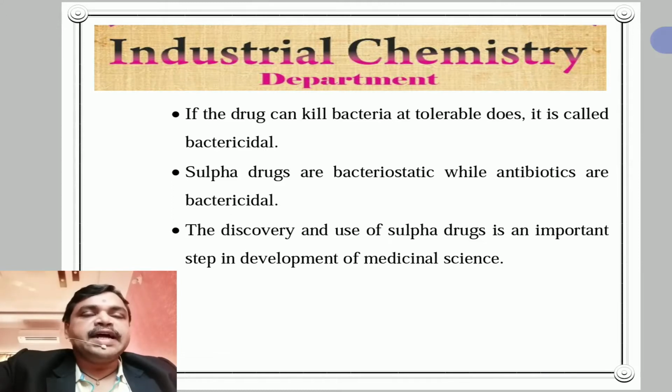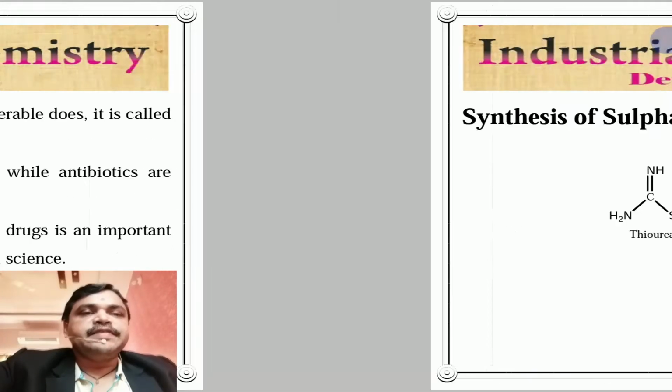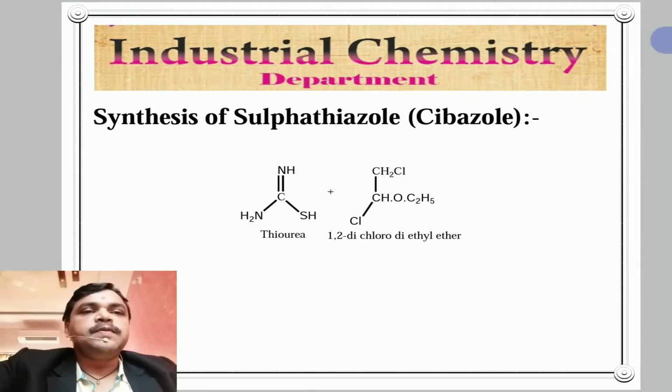Now we start our synthesis. First of all, we synthesize sulfathiazole. Sulfathiazole is an intermediate compound of thiazole.